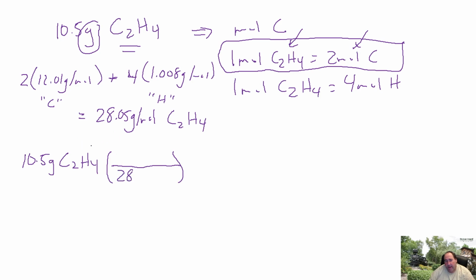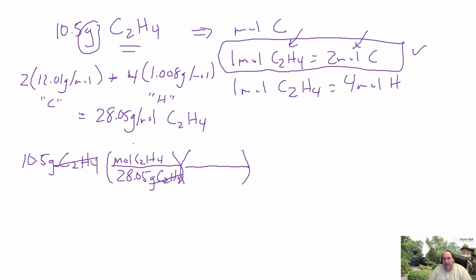So we want grams on the bottom here to cancel. Grams of the entire thing will cancel. Now that I have it into moles of the entire thing, this is where we could use our conversion factor from the formula. You could get an answer, but I'm just going to continue on with the calculation here.